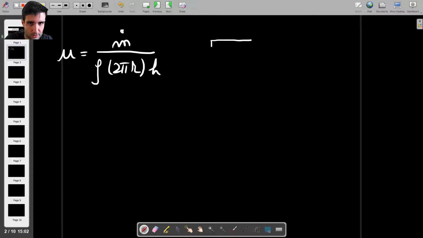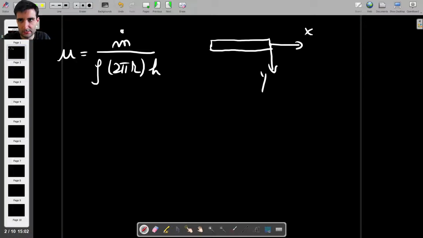So let me try to pick a suitable coordinate system here. So this is my coordinate system. I will use x this way and y going downwards as positive, and this is my depth h.